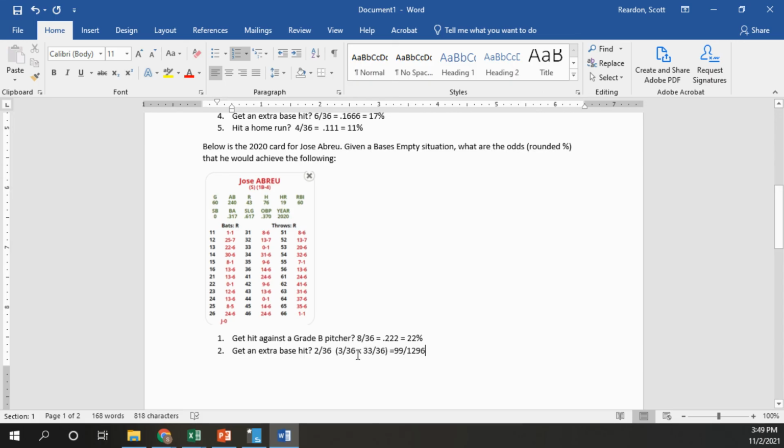Multiply your fraction, 3 over 36 times 33 over 36. What is 99 divided by 1296? I come up with 0.07638, blah, blah, blah. Or he has approximately an 8% chance of getting an extra base hit.